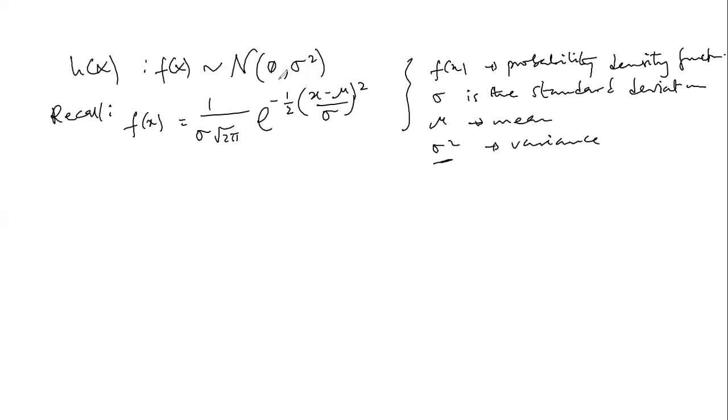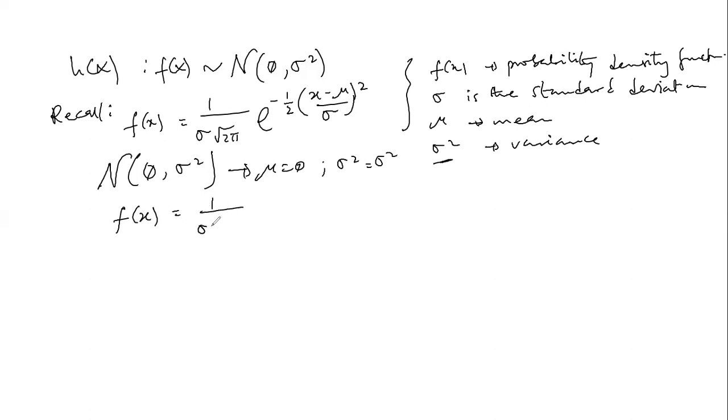So in this case, the mean is 0 because the normal distribution is described as zero mean. So the mean is 0 and our variance is sigma squared. So once we plug that in, this distribution will now become 1 over sigma root 2 pi, e to the negative half, then the mean reduces to 0, so that will be x over sigma, squared.